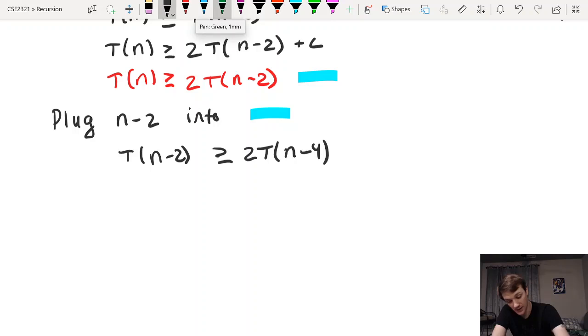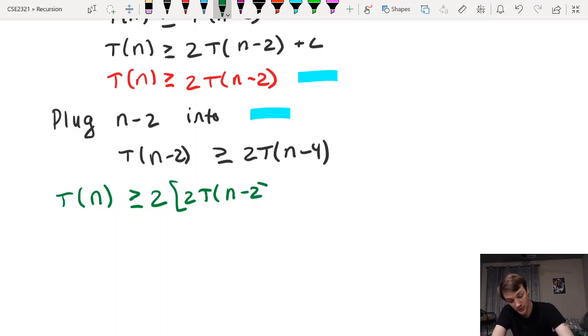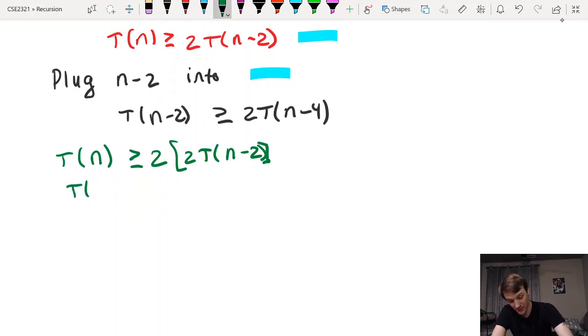So we get t of n greater than or equal to 2 times 2 t of n minus 4. Distribute the 2 quick, and we have t of n greater than or equal to 4 t of n minus 4. Sorry, I apologize, this should be t of n minus 4 here.